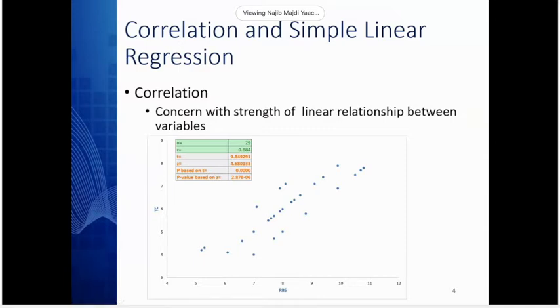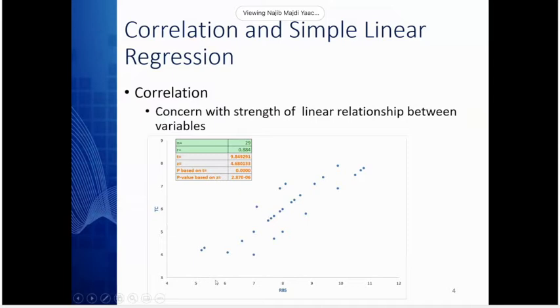Whereas for linear regression analysis, you must be sure which one is the independent variable, which one is the dependent variable. In regression analysis, your interest is to see for one unit increase in the independent variable, how much increase is in the dependent variable.